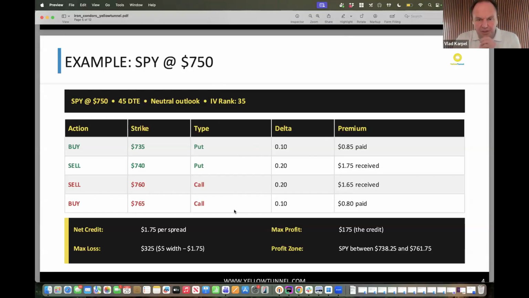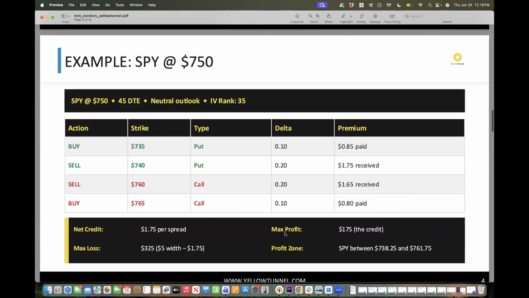Keith, anything you want to add on this example? Yeah, I think the biggest element I'd like to add here is that the max loss is not that both these trades lose. If I lose on the call spread because we ran up to 770, my put spread is going to expire worthless, so I'm going to have a little bit of offsetting profit.